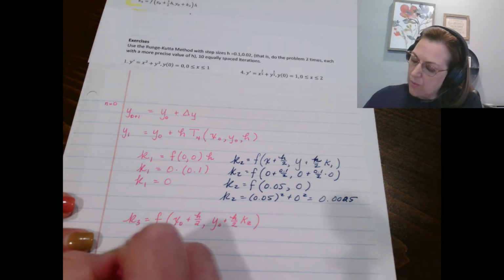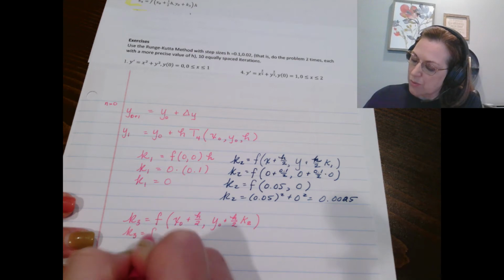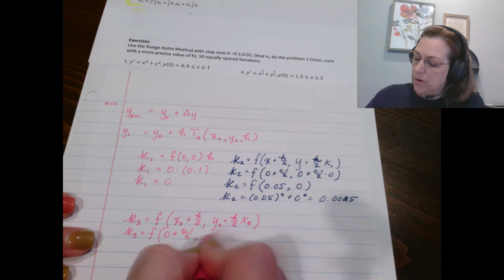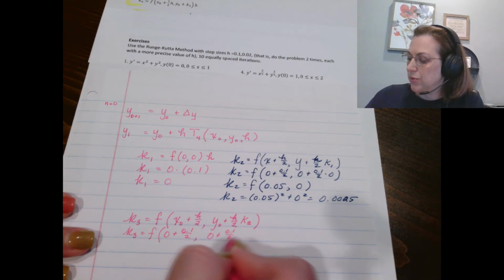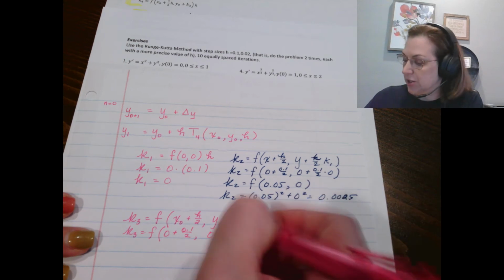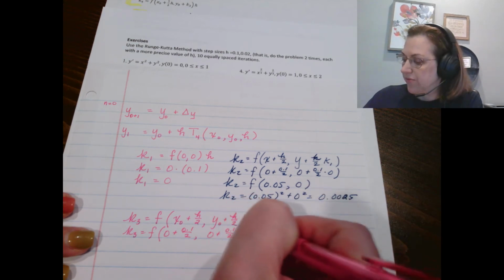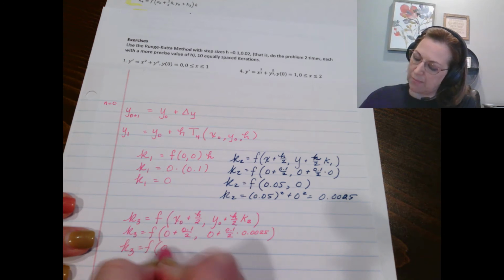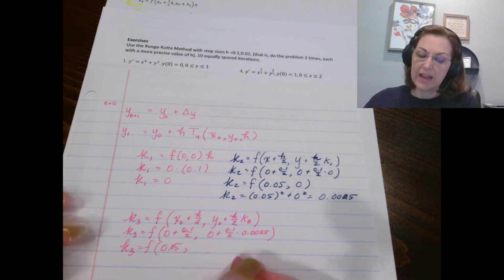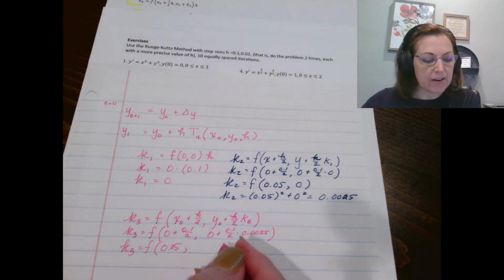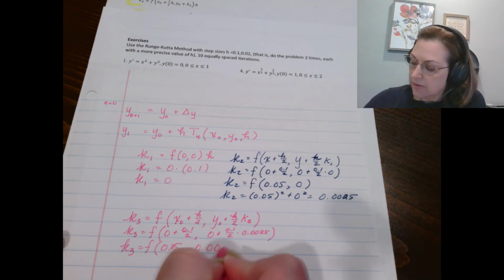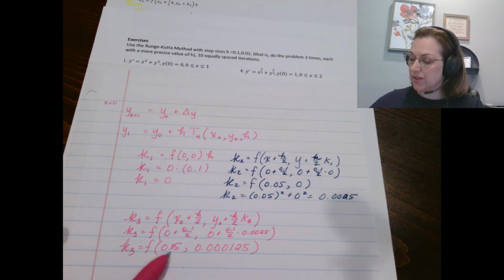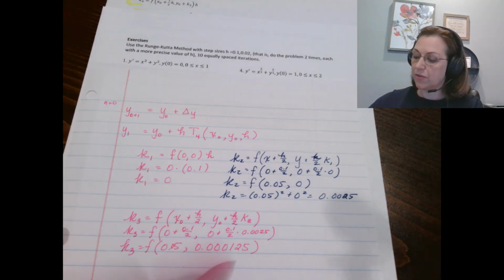We lost our connection with the document camera, but that's okay. So K3 would be our derivative at 0 plus 0.1 over 2, and 0 plus 0.1 over 2 times the value we just found for K2, 0.0025. So essentially for K3, we're finding the derivative at 0.05 and this value, 0.000125. We're going to plug those into the derivative. This is for x, and this is for y.